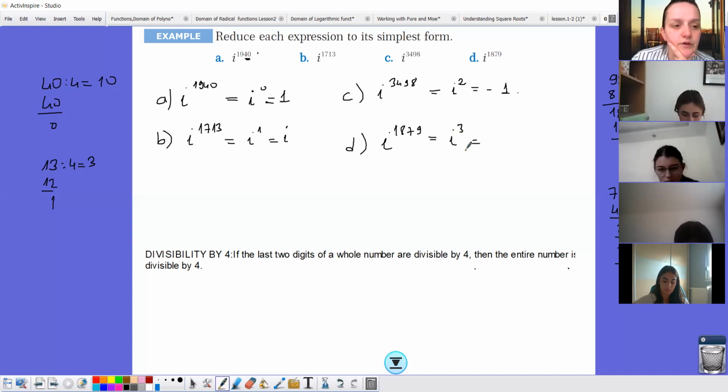What is i to the power of 3? Minus i. So i to the power of 1879 is equal to minus i. Okay? Clear? Yes, it's not hard. Yeah, it's clear.